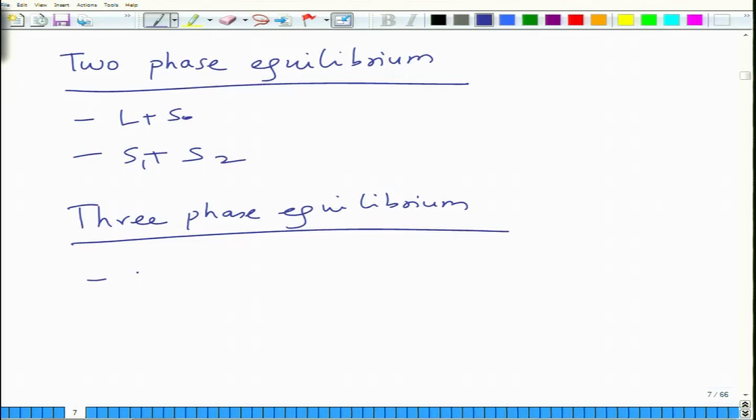This could be liquid plus solid, for instance, in a eutectic phase diagram, and so on and so forth.